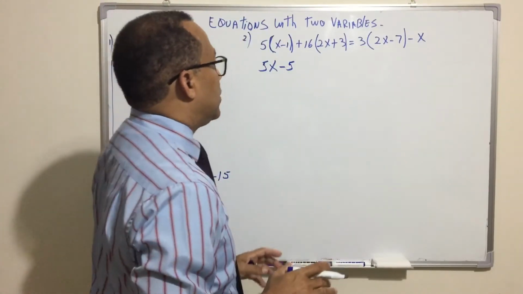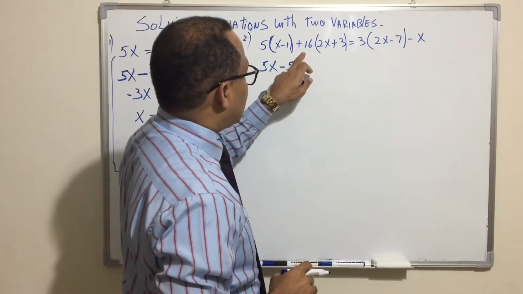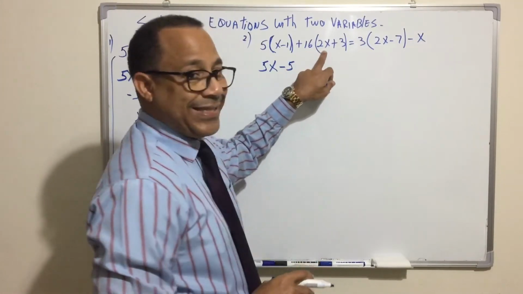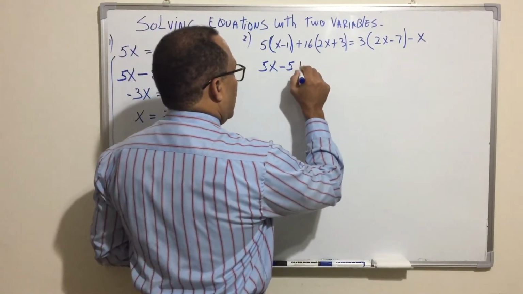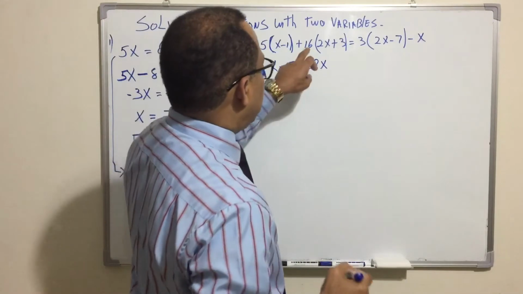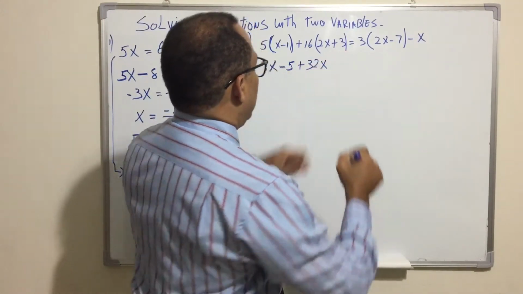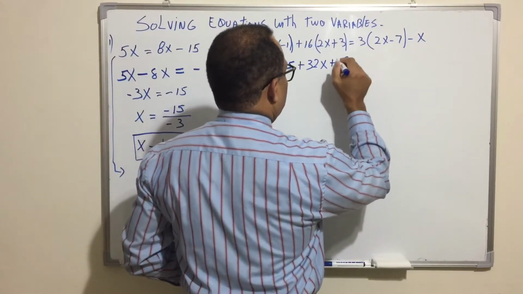So far so good. I'm doing the same here. The positive 16 is multiplying the 2x. So this will be 16 times 2x equals positive 32x. 16 times 3 equals positive 48.